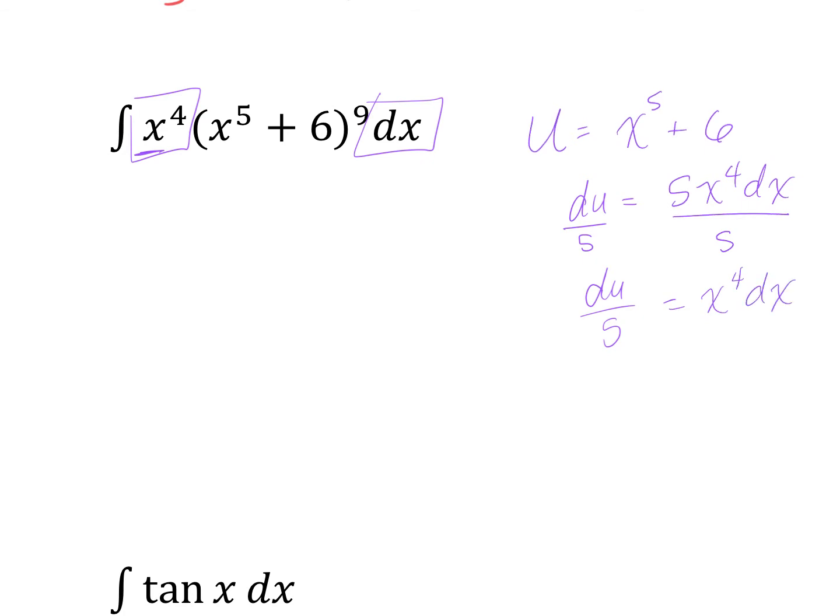So I might write this as take that divide by 5 and write it as a 1/5 in front. Then we'll have u to the 9th du. Help me out.